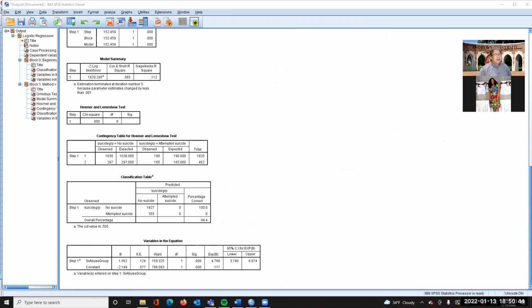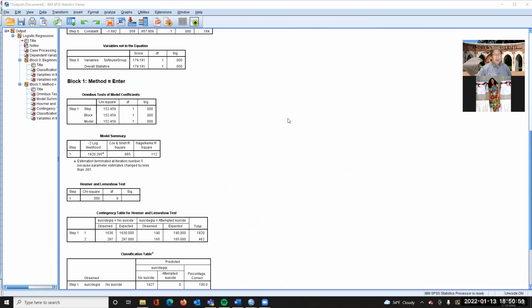The other thing, very similar to what we did in multiple regression analysis, is the R-square. Remember, in multiple regression analysis, one way to determine how good your prediction model is, is to look at R-square.